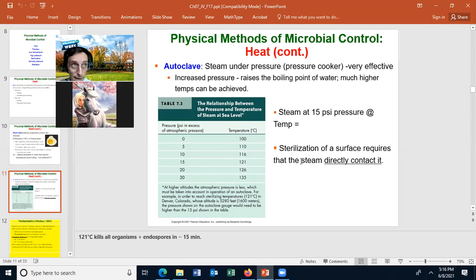You make steam, and then you apply the steam on something to sterilize it. And to sterilize it, the steam has to directly contact the surface. Of course, anything underneath the surface may not be killed if the surface stops the steam from coming in and stops the temperature from getting there. But it will sterilize the surface. Any question about any of that?